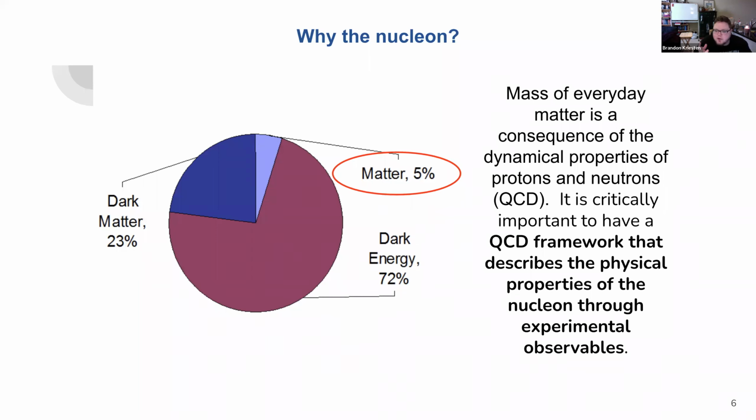This is the subject of QCD in general. So it's critically important that one establishes a QCD framework that describes the physical properties of the nucleon and directly ties them to experimental observables. This is, in essence, what I think of as the definition of femtography, and it's the motivation behind a lot of my work in trying to extract these quantum mechanical phase space distributions.